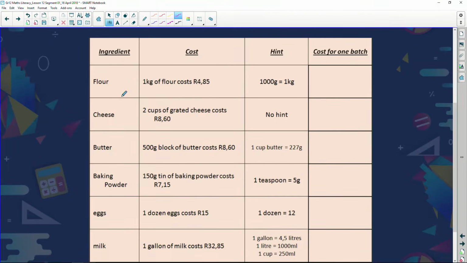So flour. I go off to a shop and I say, right, I want to buy flour. And my recipe actually stated that I needed 227 grams of flour. Now I go off to the local supermarket and I say, I want to buy flour. And they say, cool, here we go, here's a nice bunch, give it to your wife.